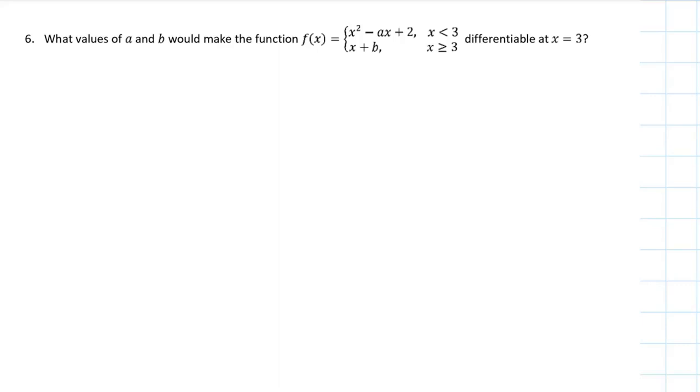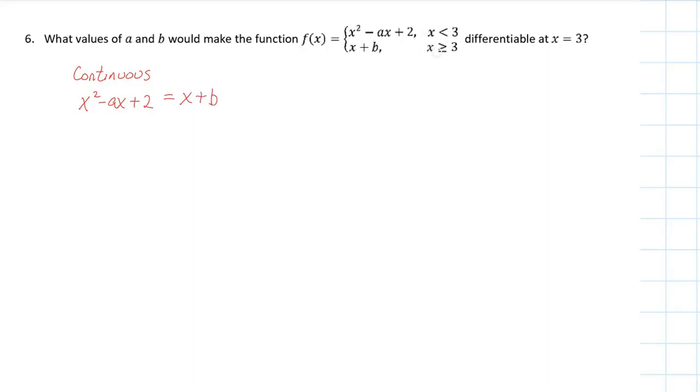If a function is continuous, a piecewise function, that means the left side of the function has to equal the right side of the function. So the first thing I'm going to do here is find continuous. I'm going to set the left side, x squared minus ax plus 2, equal to the right side, x plus b.